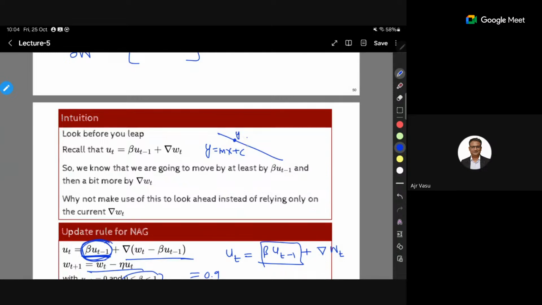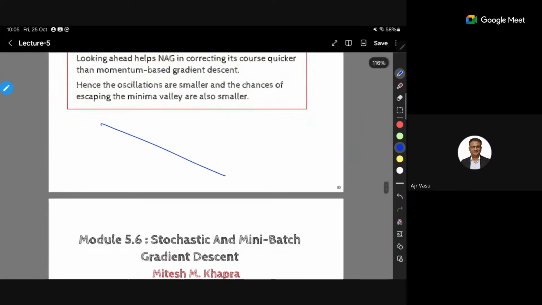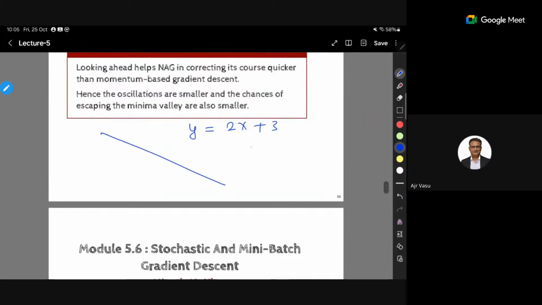Now let's say y is equal to 2x plus 3, and x equal to 1.